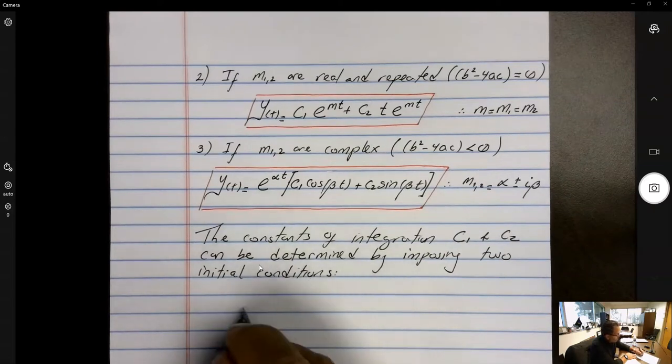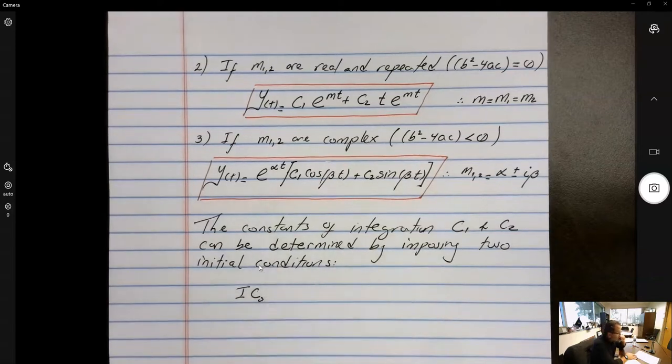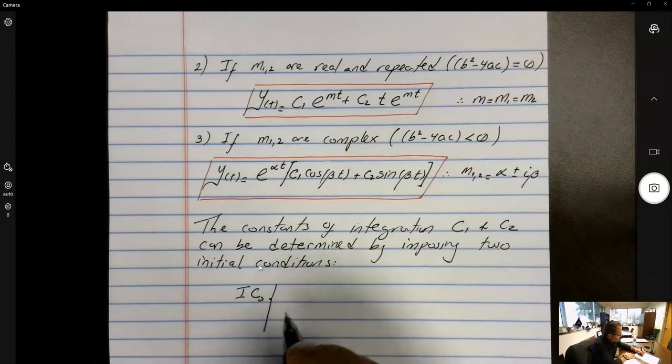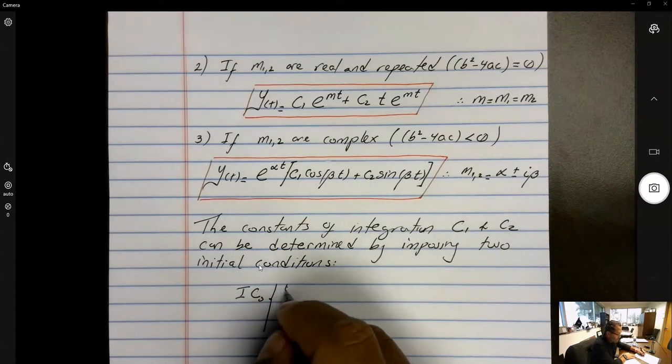So basically, for the initial value problem to be well posed, the ODE needs to be fully defined, and we need to have a pair of initial conditions so that we are able to determine the two resulting constants of integration.